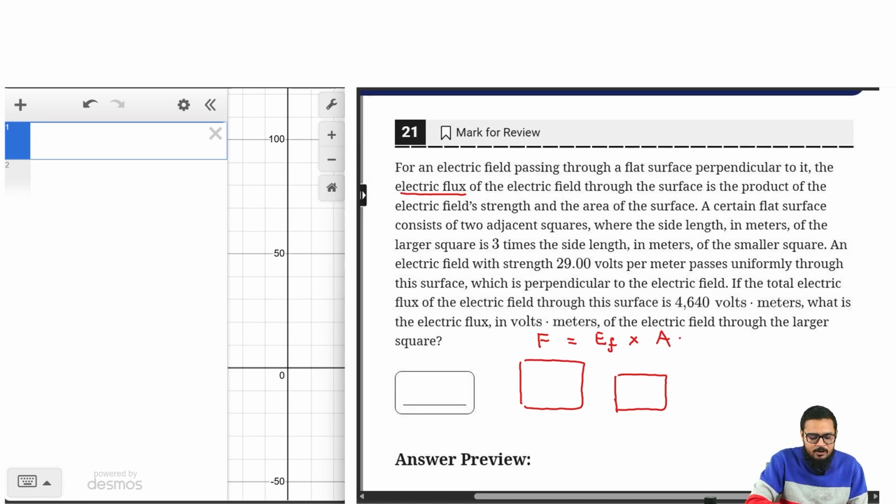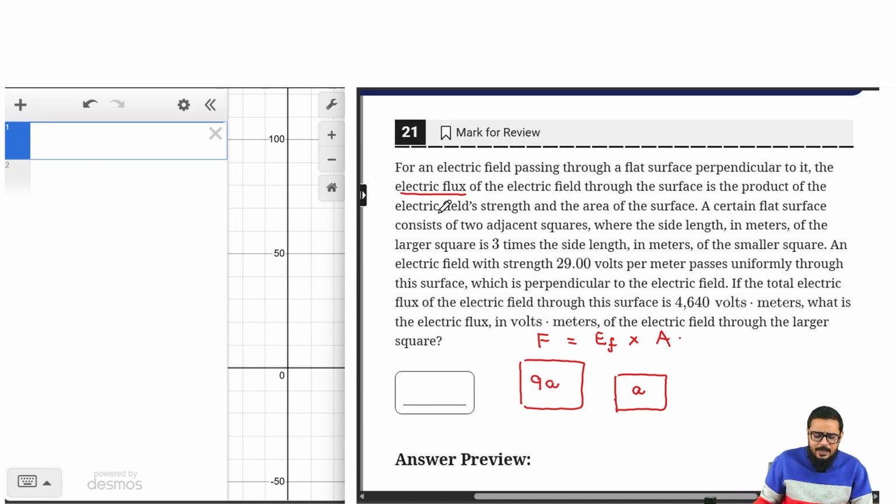The ratio of the areas of two similar figures is always equivalent to the square of their length ratio. So if the area of this square is A, the area of this square would be 9A.